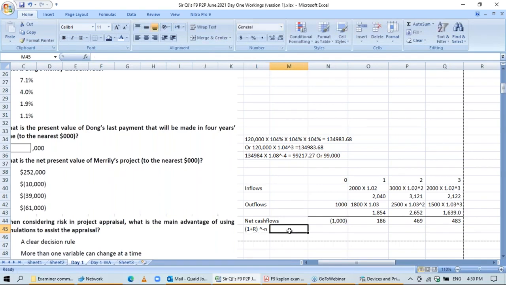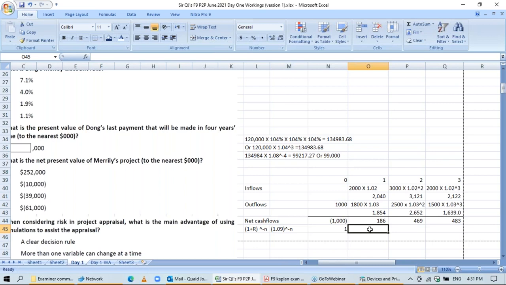In this case, the discount rate is 9%, so you will take 1.09 to the power minus n, where n is in years. In year 0, you take power 0, so the discount fraction will be 1. Then in year 1, 1.09 to the power minus 1.